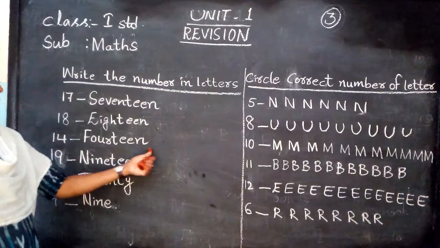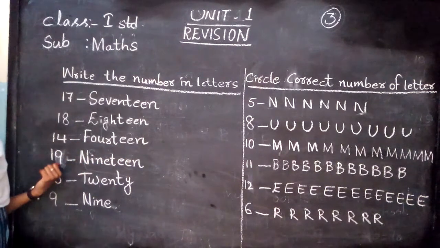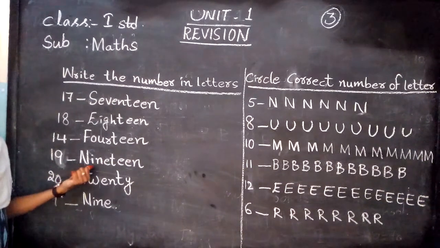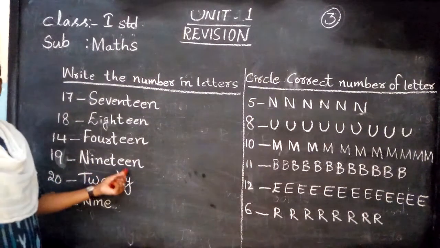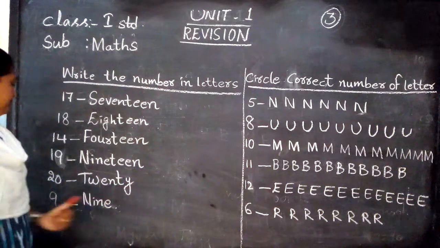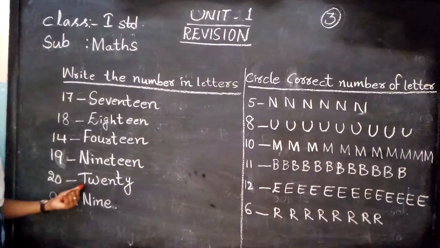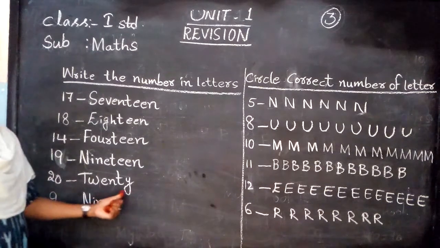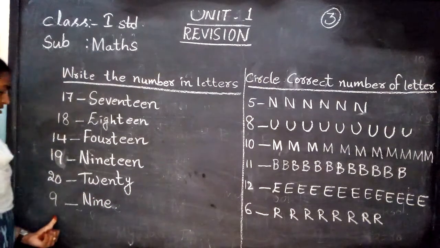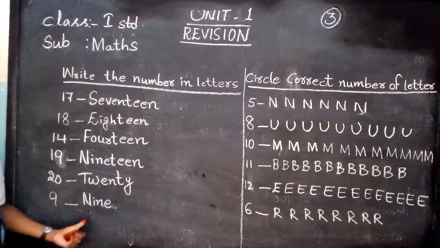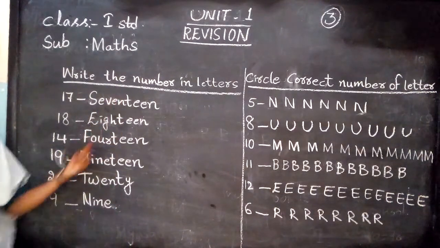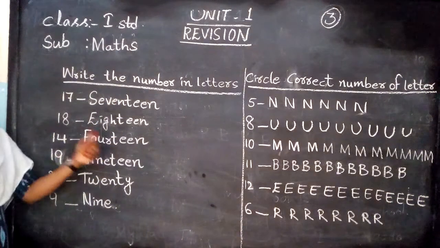FOURTEEN, 14. 19? NINETEEN, 19. Next number, what is this? 20. TWENTY, 20. Next number, 9. NINE. I hope you understood these numbers and number names.